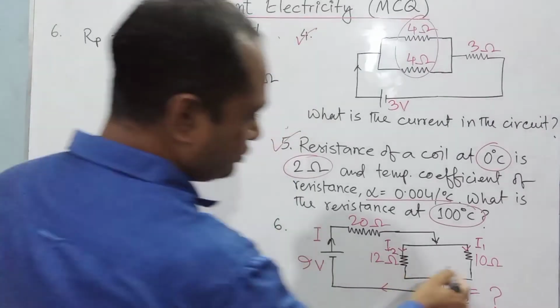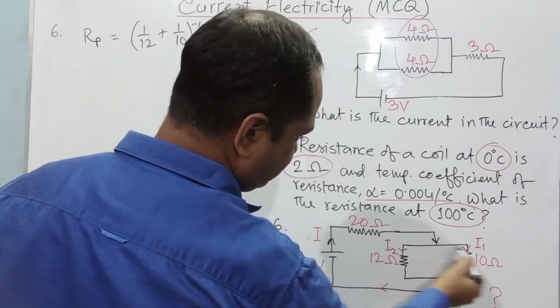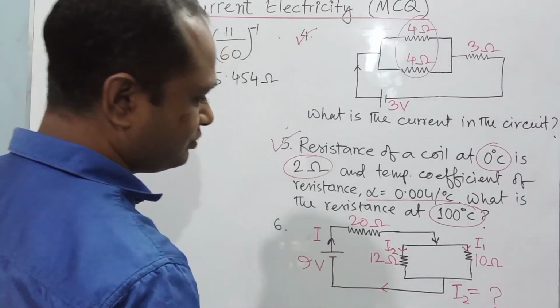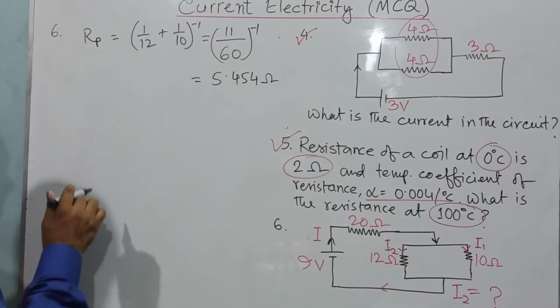That is the equivalent resistance of this parallel combination, and a resistance of 20 ohm is connected with this combination.